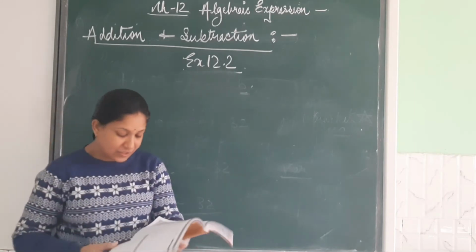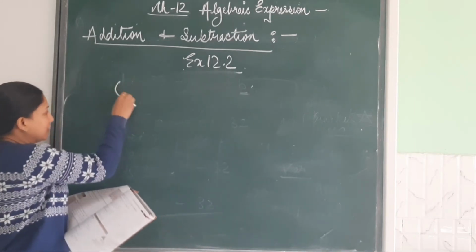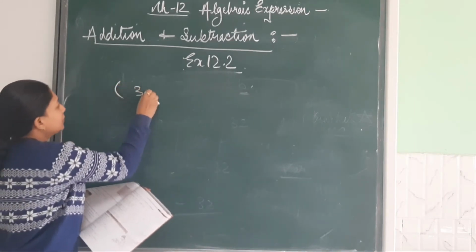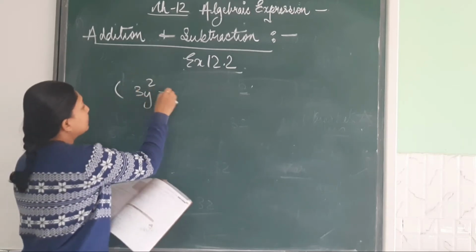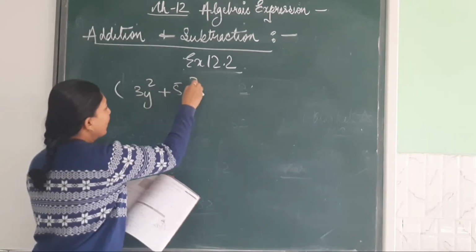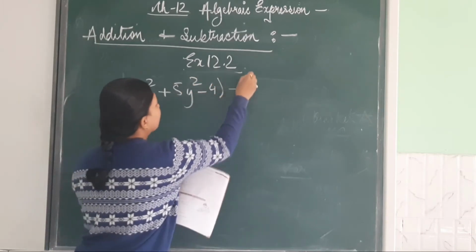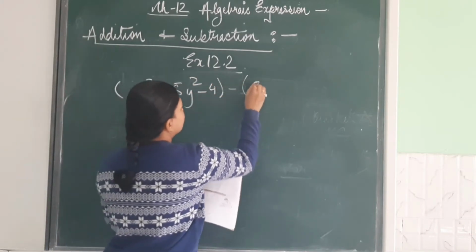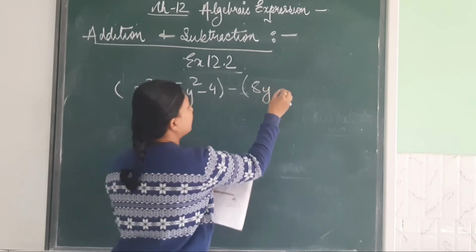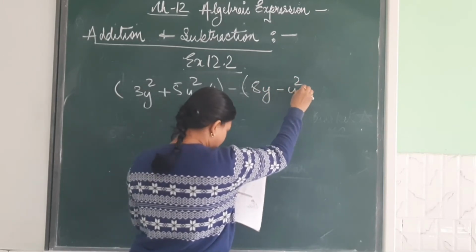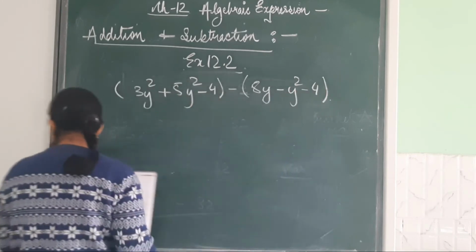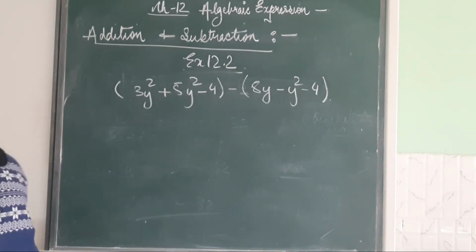Same way, if I take the last question, see, it is 3y square plus 5y square minus 4. Then you have minus, and the other expression is minus 8y minus y square minus 4. Now, see, how can we solve this?